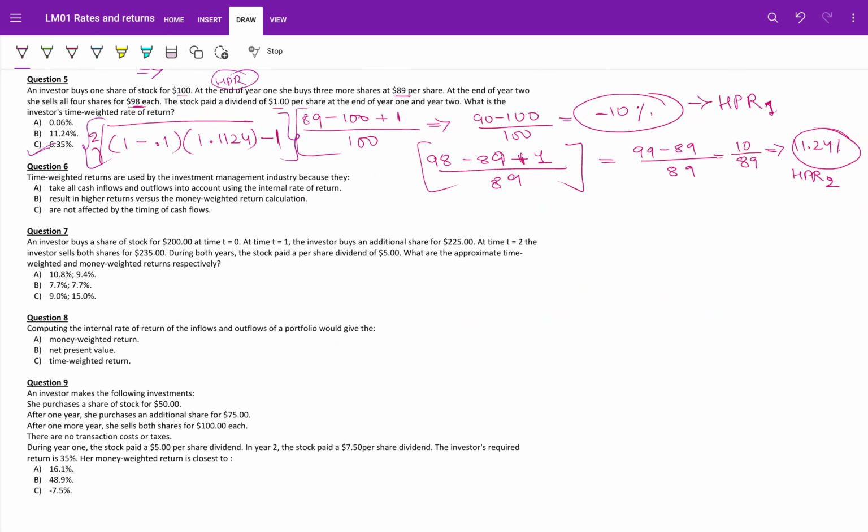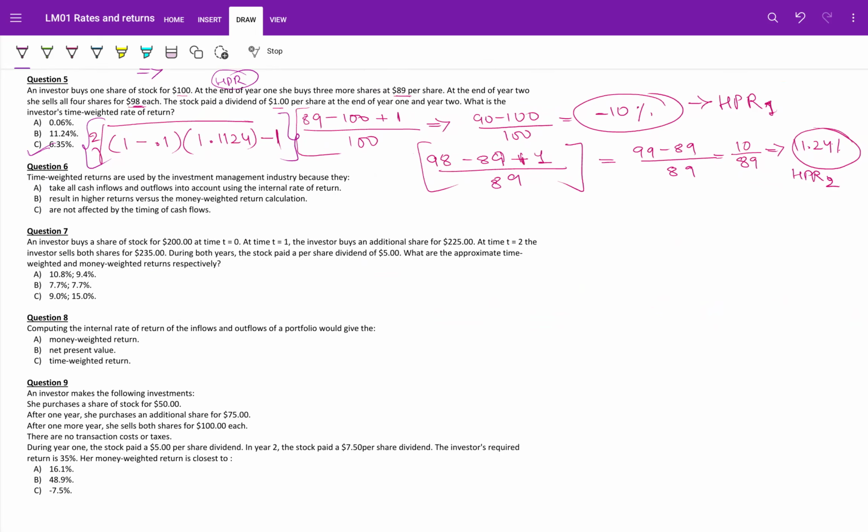Now, question number six. It's a theoretical question, and theoretical questions are more difficult than numerical questions because to answer theoretical questions, you need to have a proper understanding of the concept.